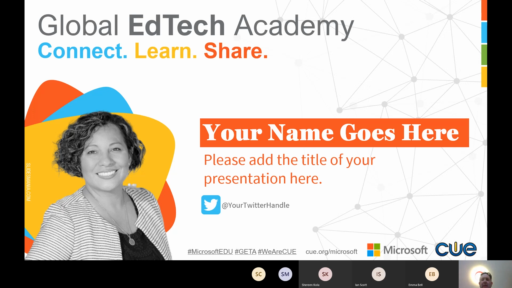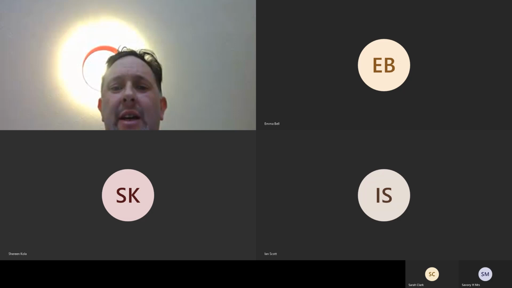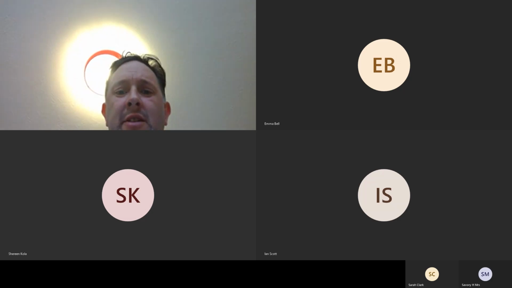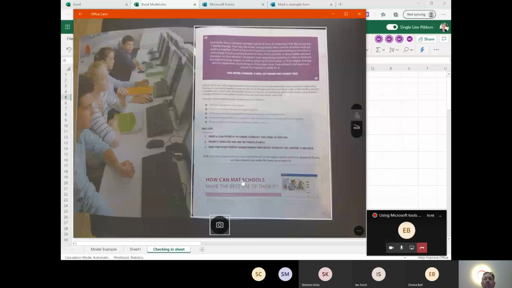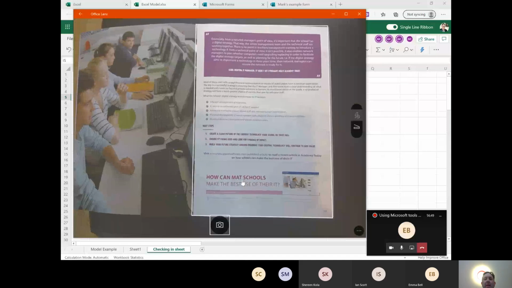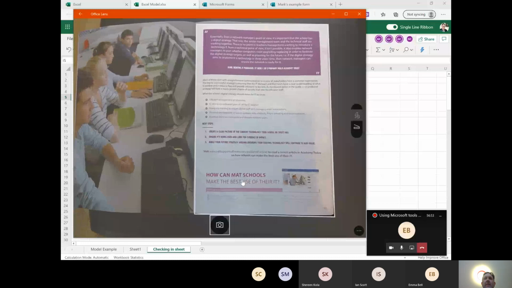So you can see Office Lens is open. What's great about this is once it's open, you can see it's trying to pick out the edge of the page. This would be great if I was trying to get a piece of student work in the classroom, a piece of paper that you've done some work on, that you want to annotate and talk over.